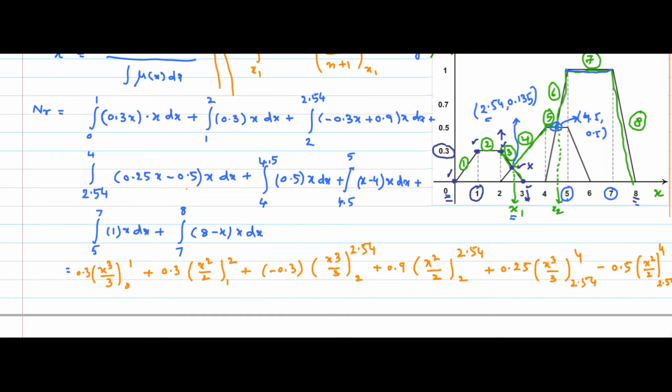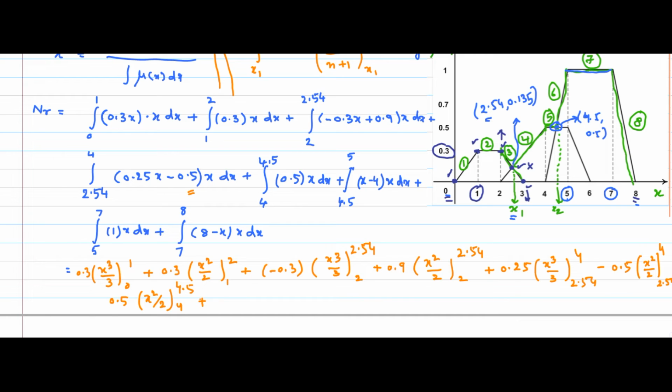So this is up to this point. Now this is our point of interest. It is 0.5. Integral of x is x square by 2, and the values are from 4 to 4.5, plus, that's all.